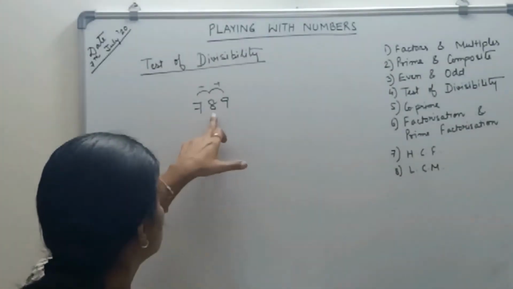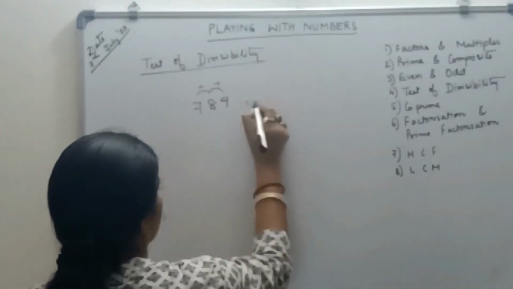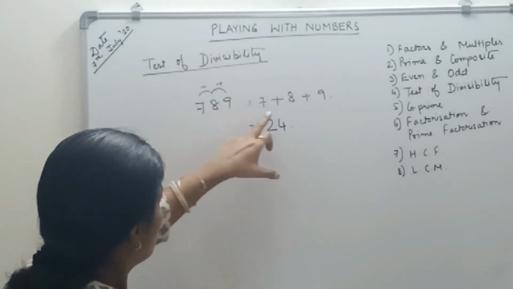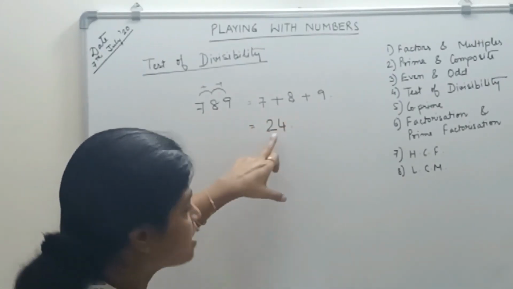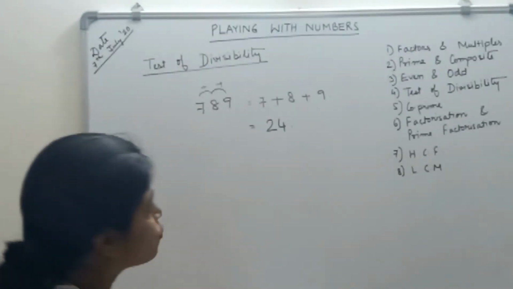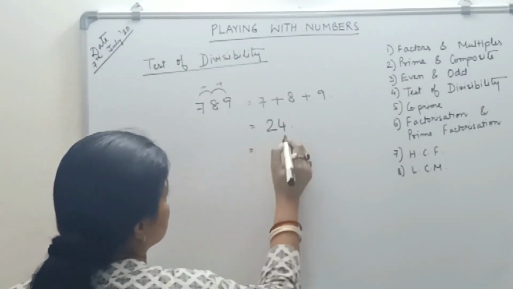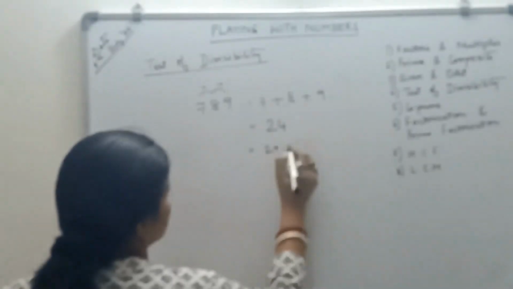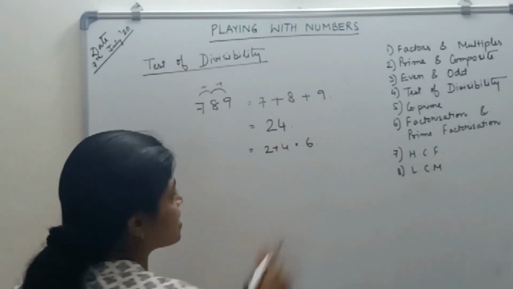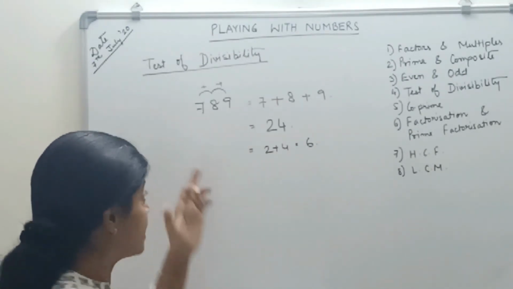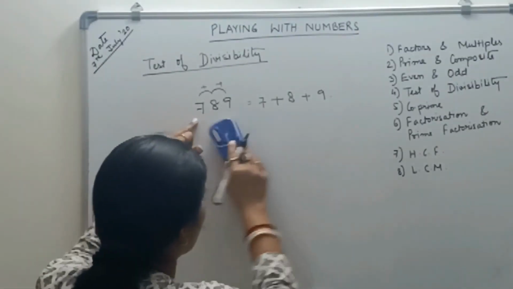What is the sum of these three digits? 7 plus 8 plus 9 is 24. Whether 24 is divisible by 3, I can say directly. Otherwise I can make it much smaller: 2 plus 4 is 6. Is 6 divisible by 3? Yes, 6 is divisible by 3. So this number will be divisible by 3.